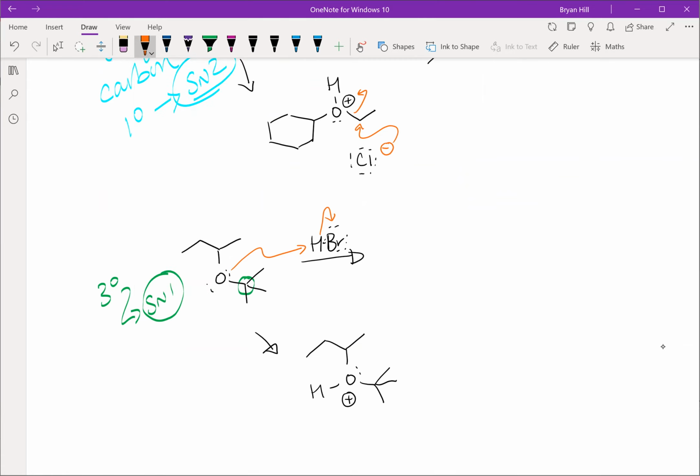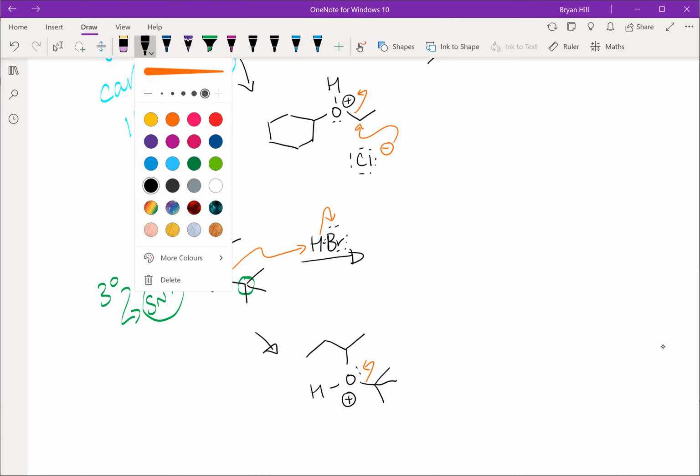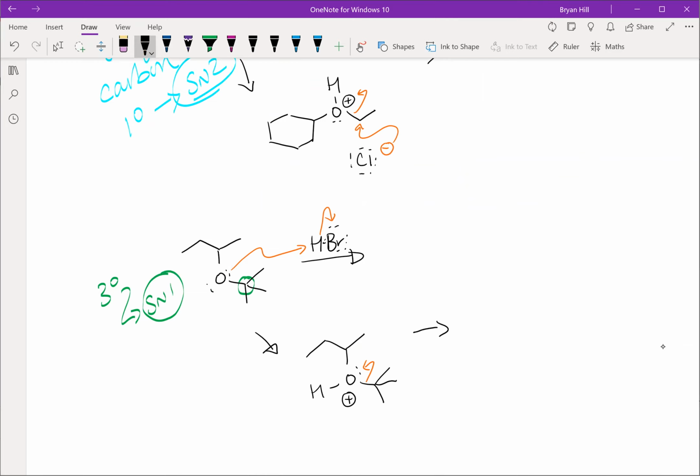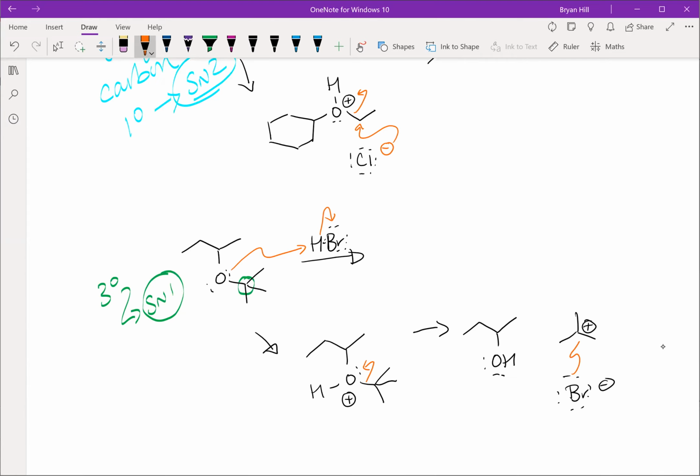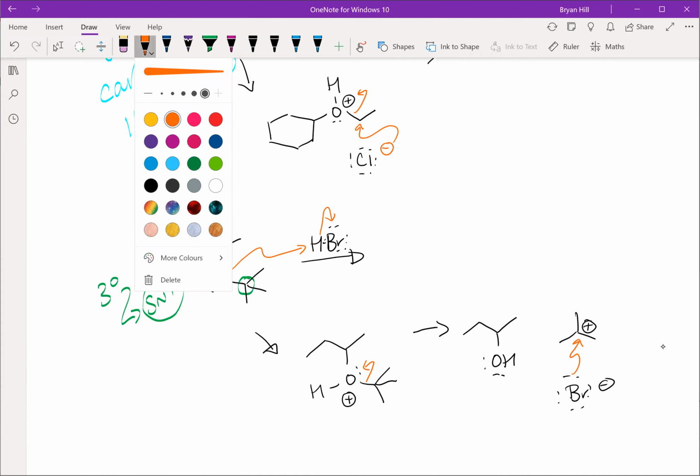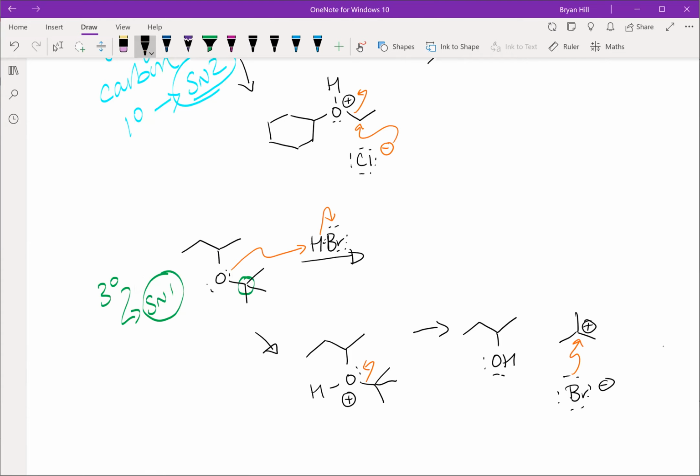So this can leave, and we've got our sec-butanol plus our carbocation. And then the bromide will come in and attack that. This will give us our two products.